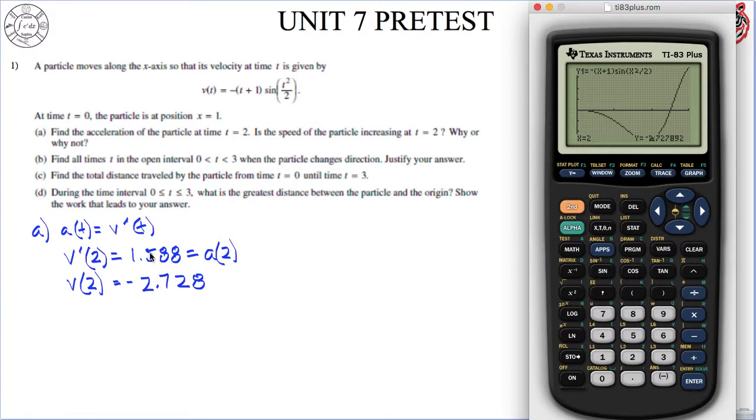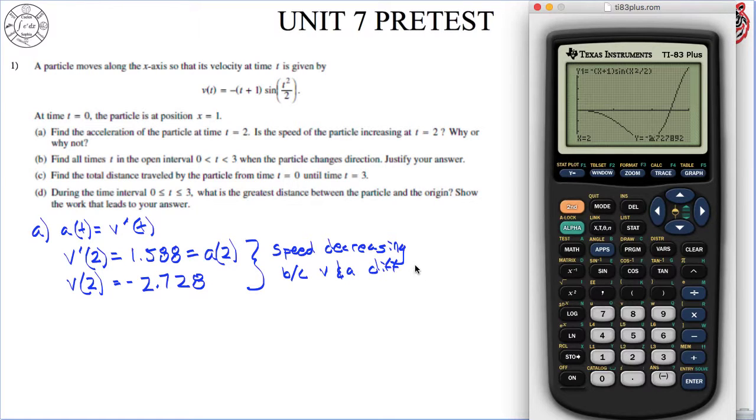And I notice that I have a positive acceleration, negative velocity, therefore the speed is decreasing. And you not only have to say that, but you have to say also because V and A have different signs.